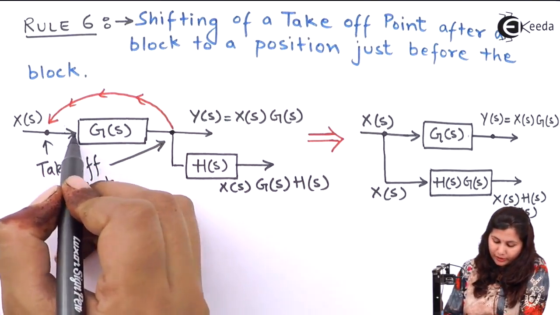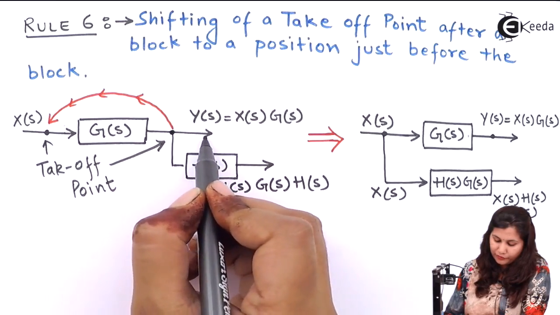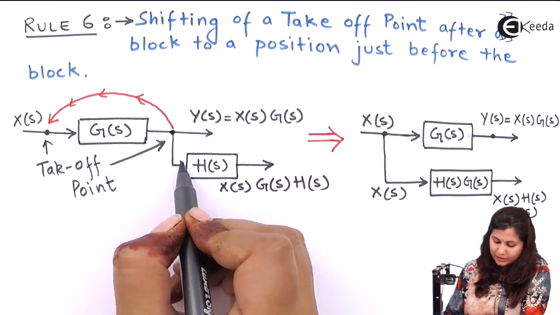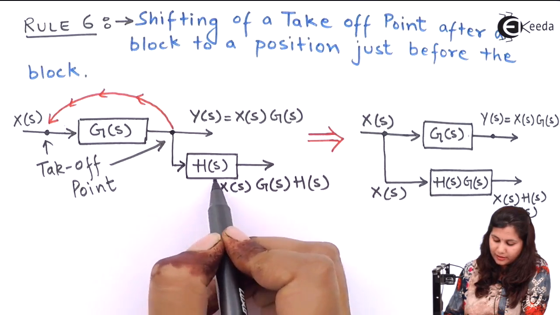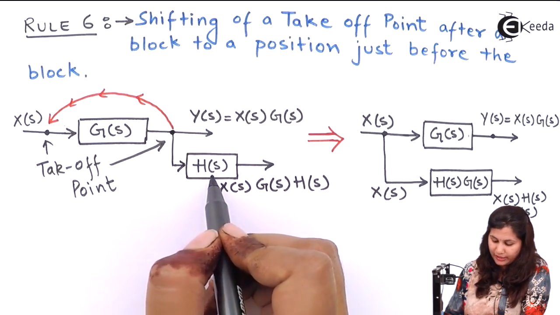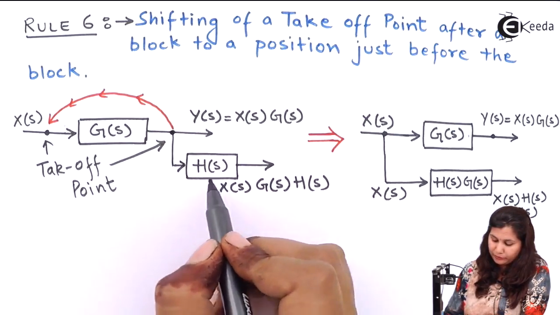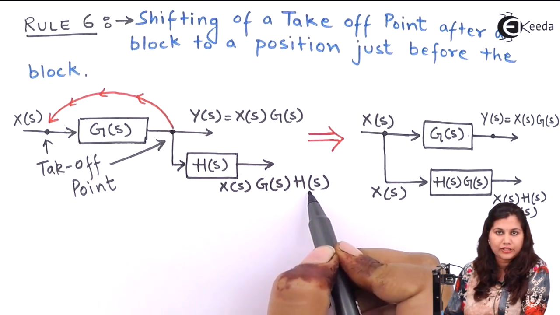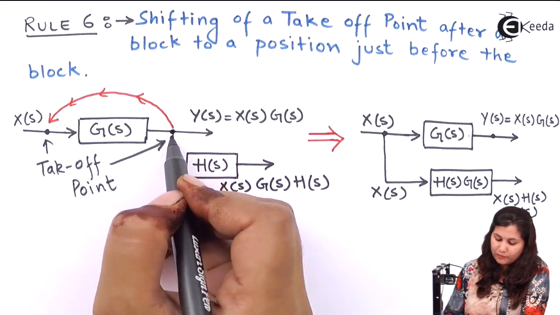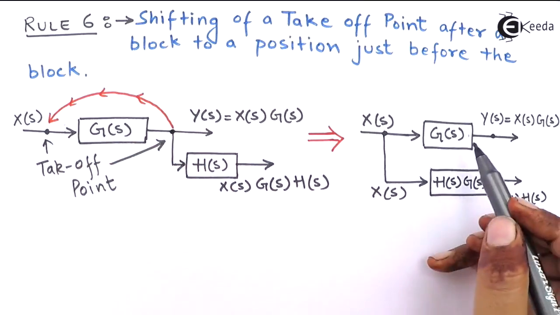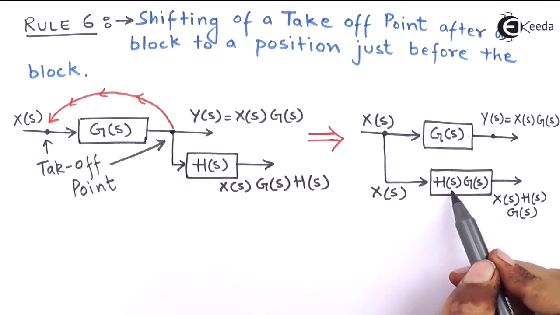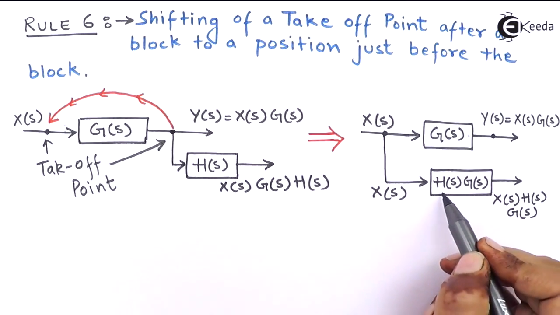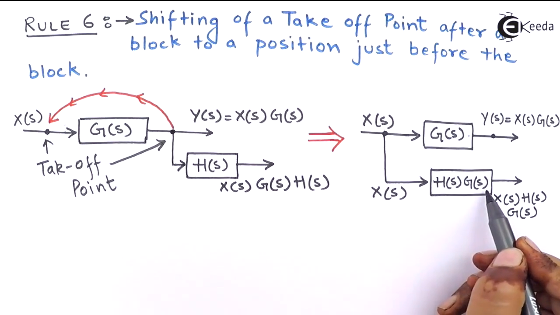The input to the block is X(s) and the output will be X(s)G(s), and this same signal is given to this block which has the transfer function H(s). So the output will be X(s)G(s) multiplied with H(s). Now when you are moving this takeoff point, you have to multiply H(s) with the transfer function of the block, that is G(s).